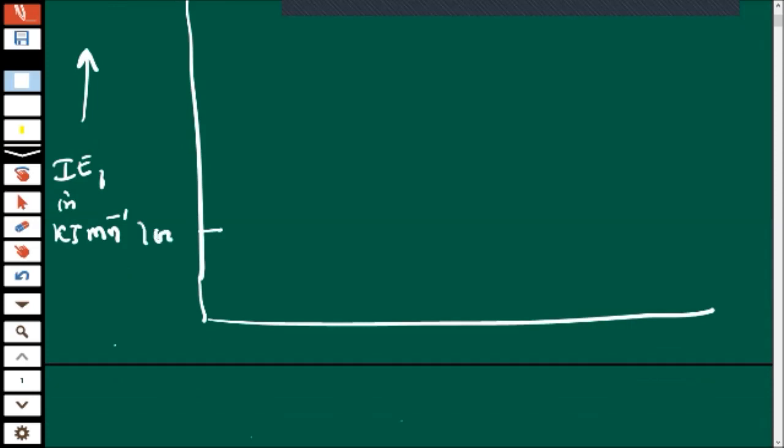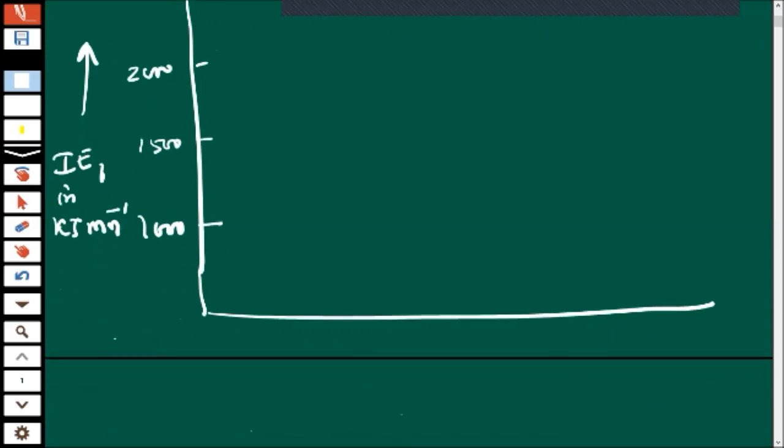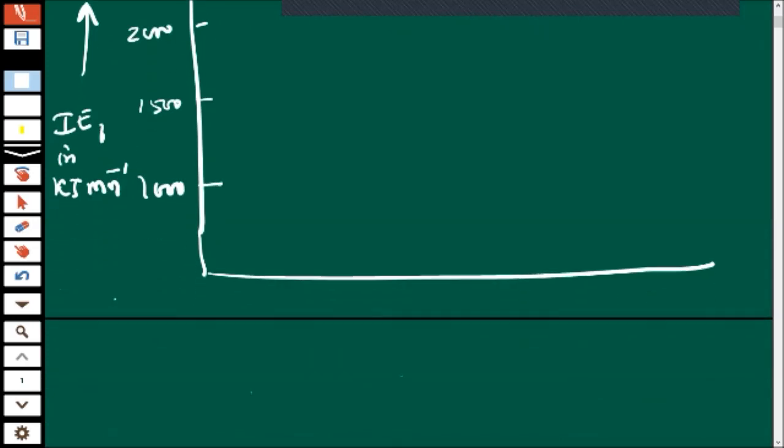This is 1000. This is 1500. This is 2000. This is 2500. This is the value, and this is Z: 1, 2, 3, 4, 5, 6, 7, 8, 9, and 10.